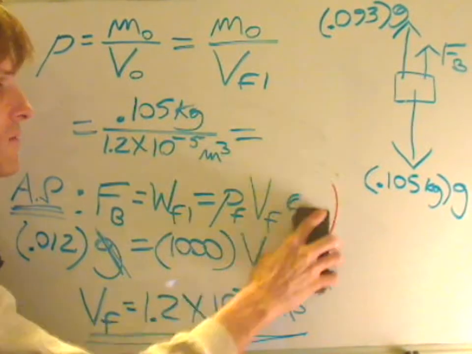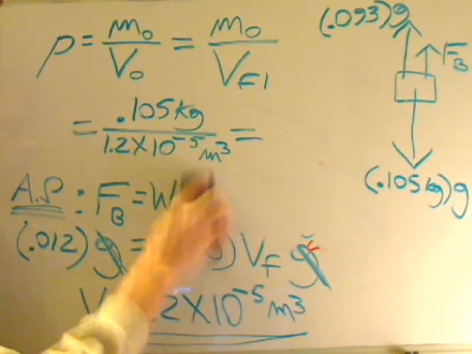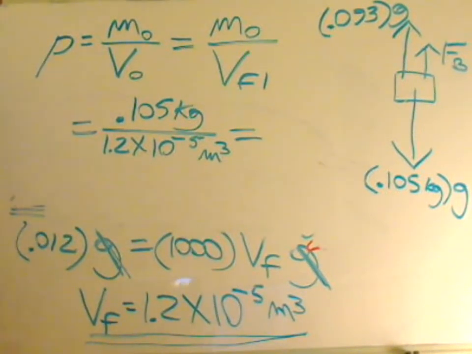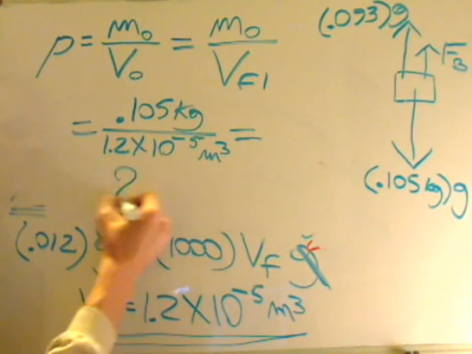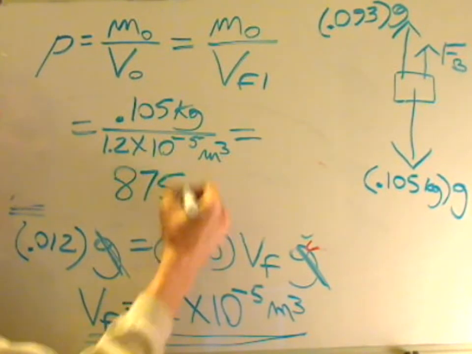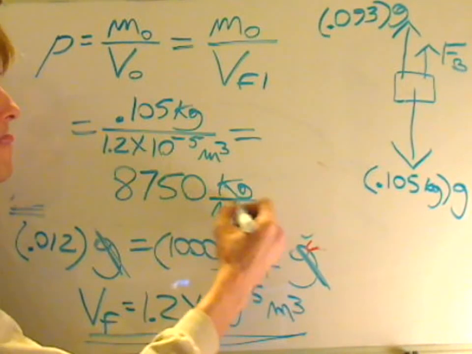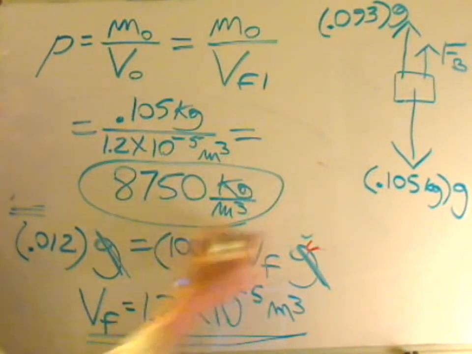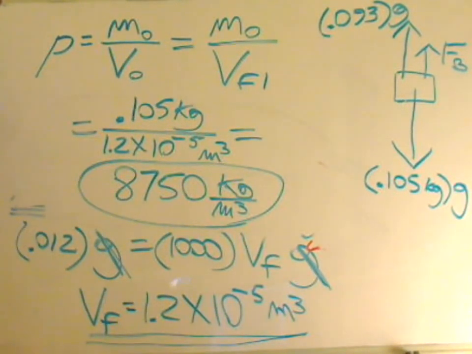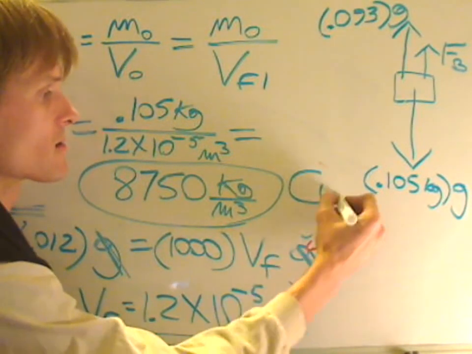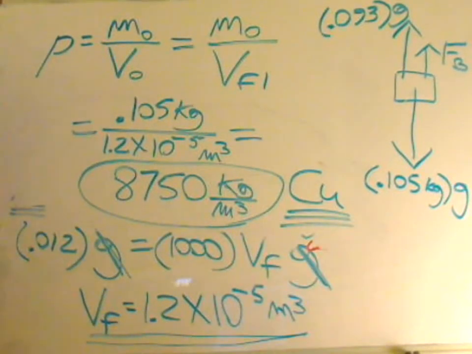And that is equal to 8750 kilograms per cubic meter. Okay, so there's our answer. And you can look this up in some table that lists densities. This is copper. So the object is copper.